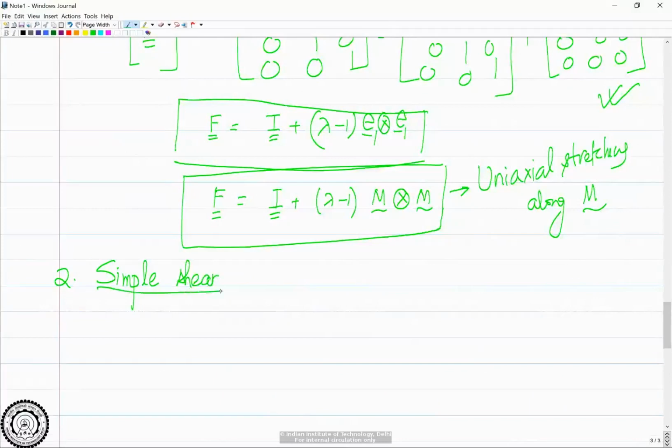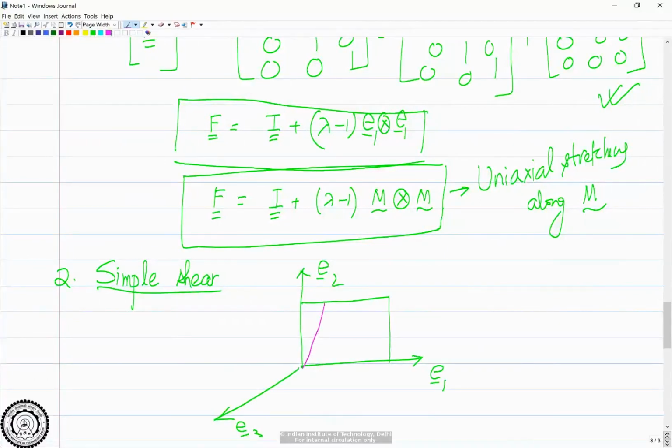Now, the second one is called simple shear. I think I had also done it in the last class perhaps, but I'll do it again. Suppose this is E1, this is E2 and E3, and you have a body in the reference configuration.